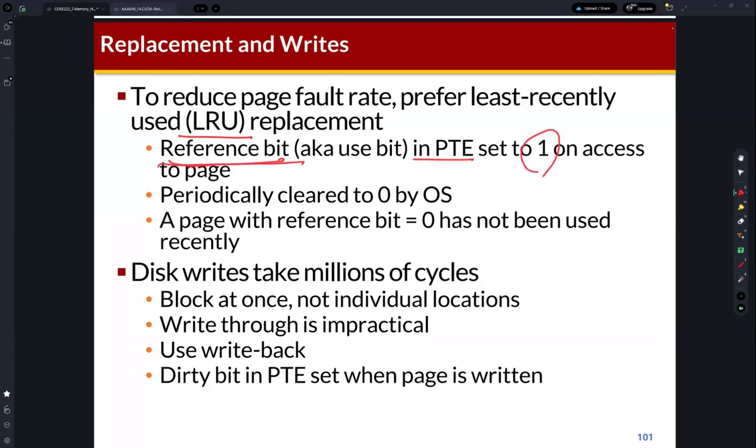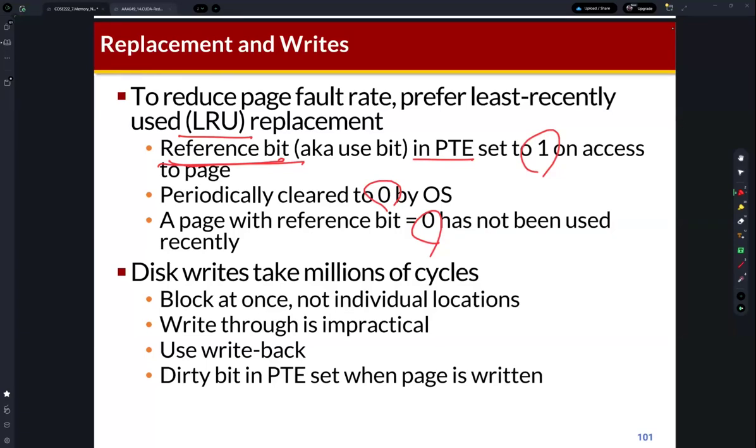Then the operating system periodically clears this bit to 0. When a replacement is required, the operating system uses a page whose reference bit is 0, randomly selected. This is one management scheme of the page table.